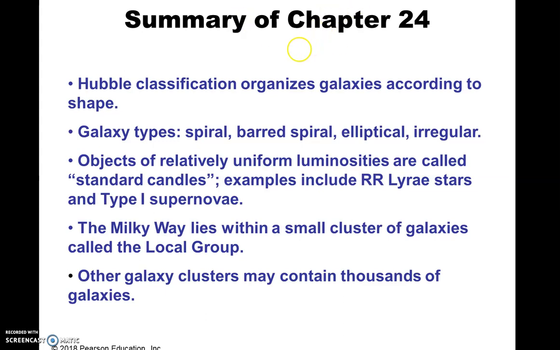With ellipticals, they go from E0, which is the most spherical, all the way to E7, which is the most elliptical, basically football shaped. Remember, there's also what's called the lenticular galaxy, the S0, which Hubble originally thought was the transition between ellipticals and spirals, which does not seem to be the case.